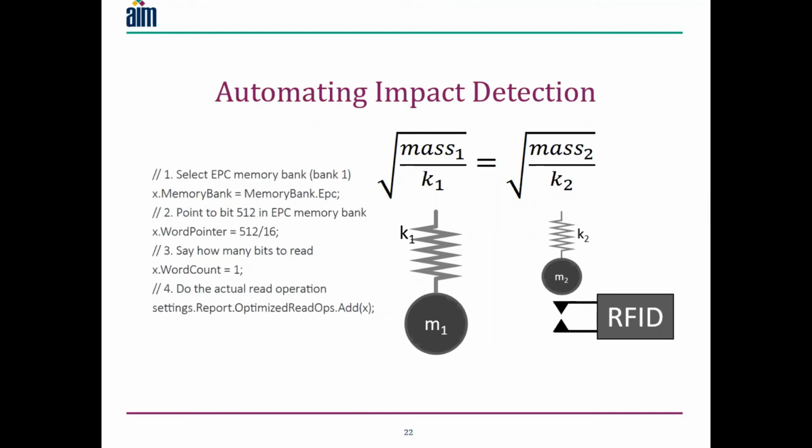We take an RFID tag, we add that to our detector, and then all of a sudden you have a device where, on the left-hand side, you have your product with a certain mass spring ratio. We have our detector on the outside with the exact same mass spring ratio.